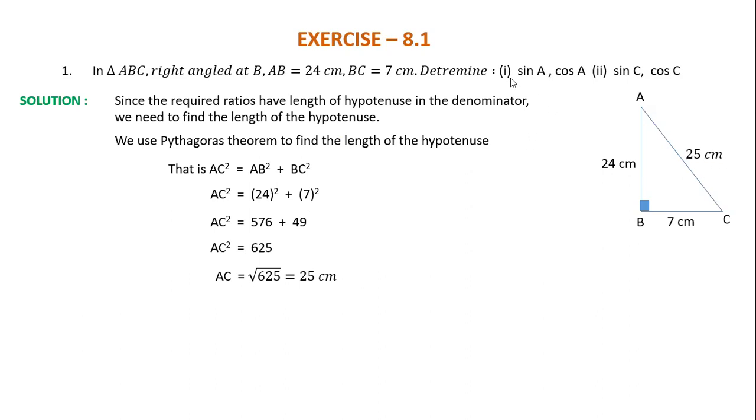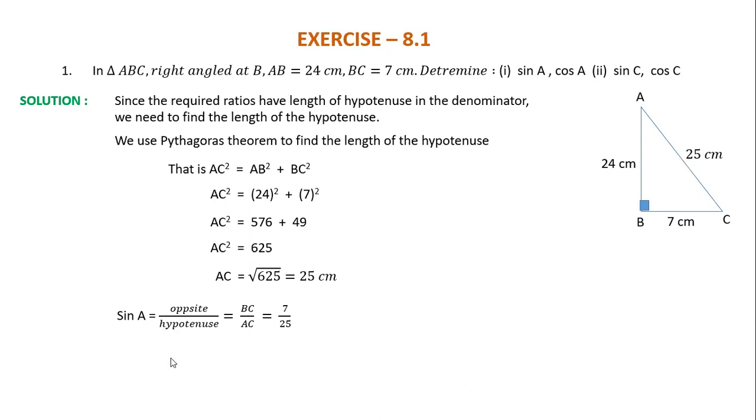Now, let us start writing the values. Sine of the angle A. What is sine? Sine is opposite upon hypotenuse. Angle A is here, so the opposite is here. So it is BC upon hypotenuse AC.